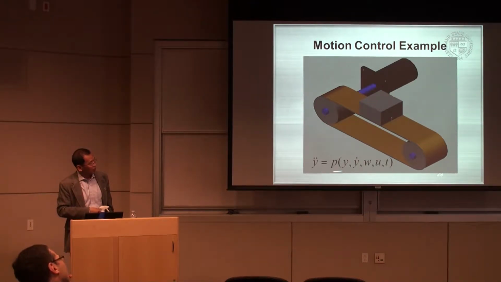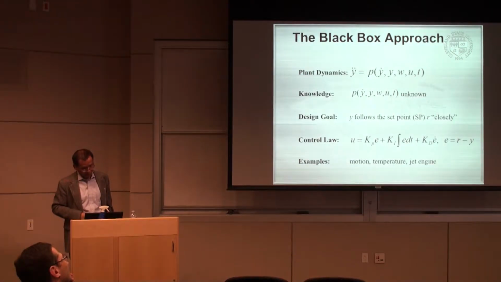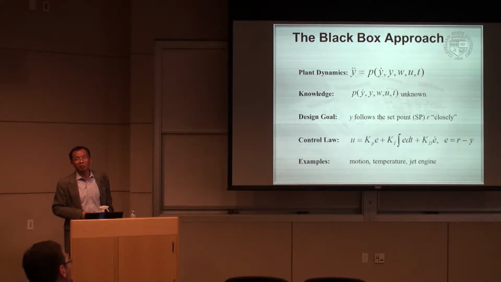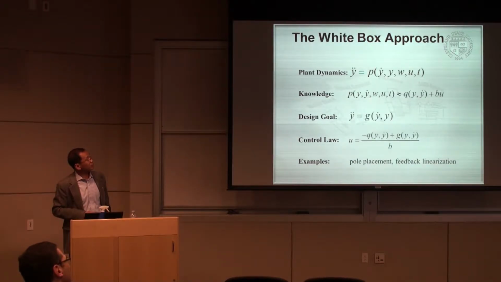The acceleration is a function of all this, but this function may not be known. In the black box approach, you do not care what it is. You use a control law called PID in this form, and you tune 3 parameters, you make it work. That's how they deal with the uncertainties in industry, by and large.